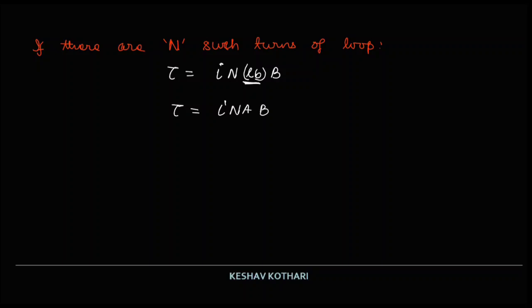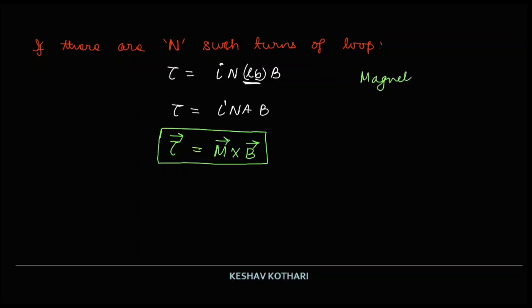This expression INA is written as magnetic moment capital M vector cross B. So this is the expression of torque on a coil placed in a magnetic field having magnetic moment M vector, where magnetic moment M vector is equal to INA.